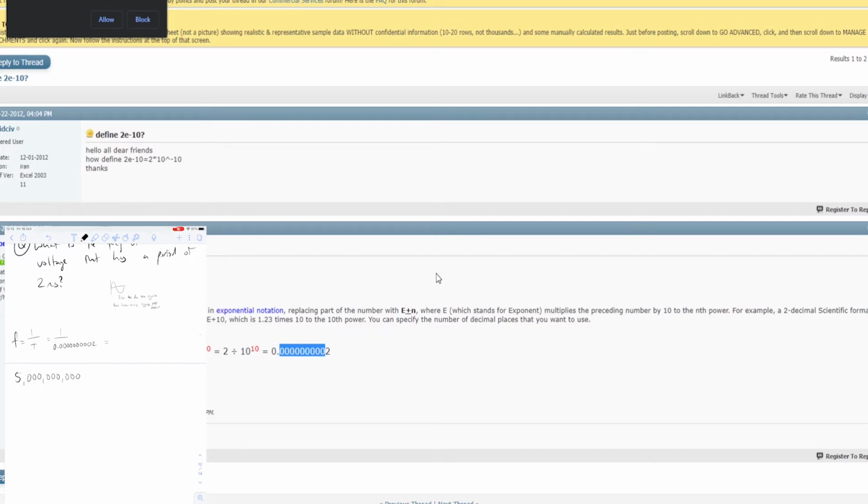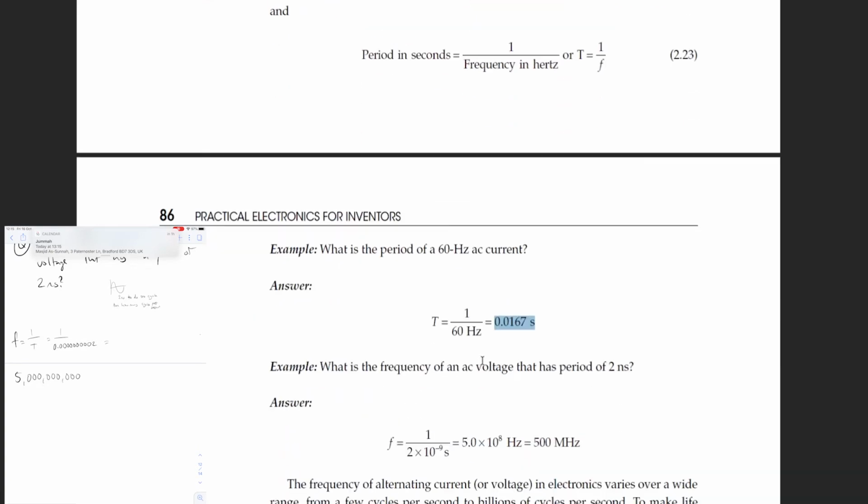I feel like I've done something wrong there. How are we having 5 billion? Okay. So it's right. It's 5 billion hertz.